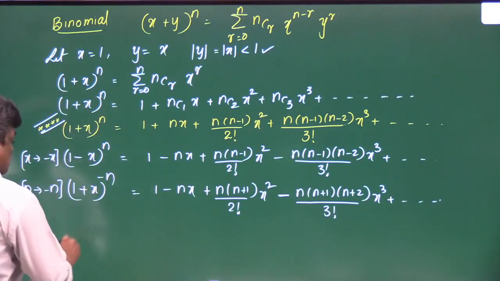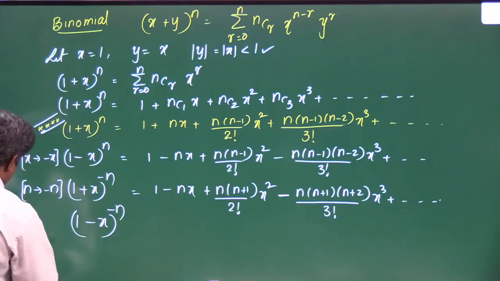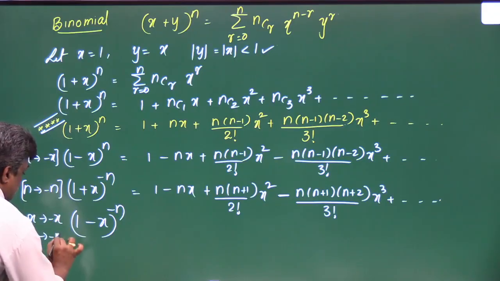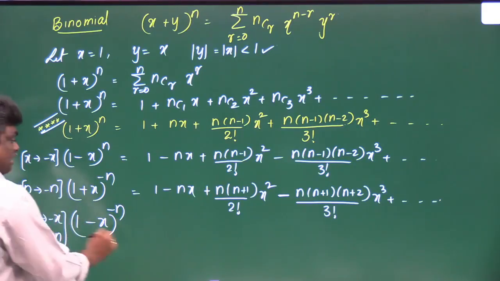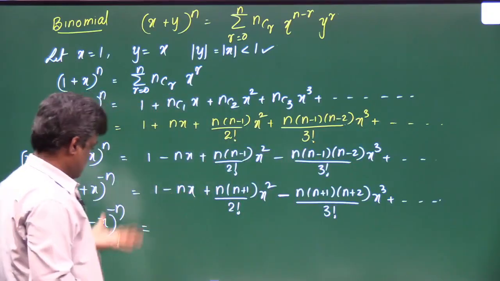Now you got one more: I would like to find (1 minus x) whole power minus n. Yes, in the same formula, put x equal to minus x and n equal to minus n. Just take this as a standard formula and whatever you want, just substitute.